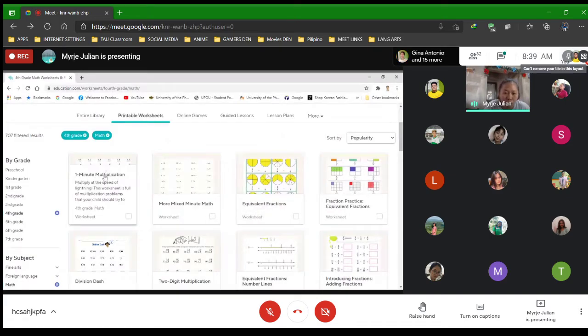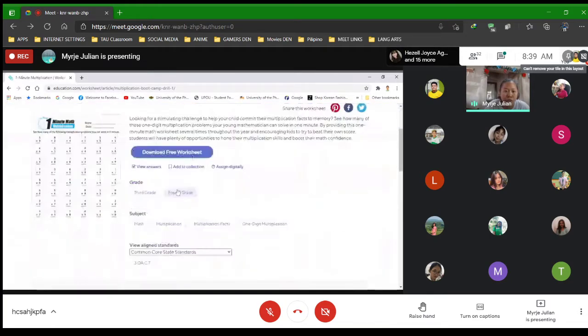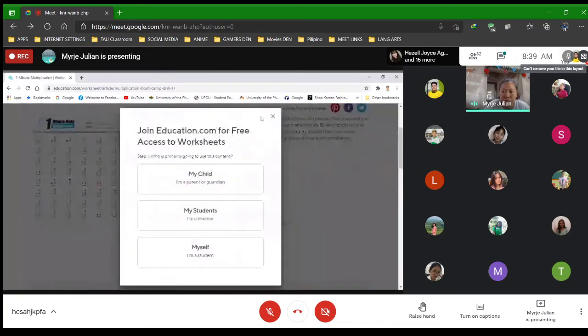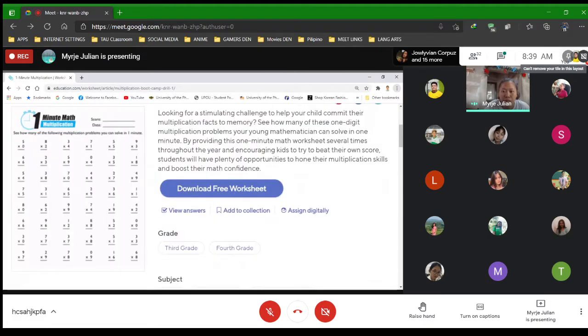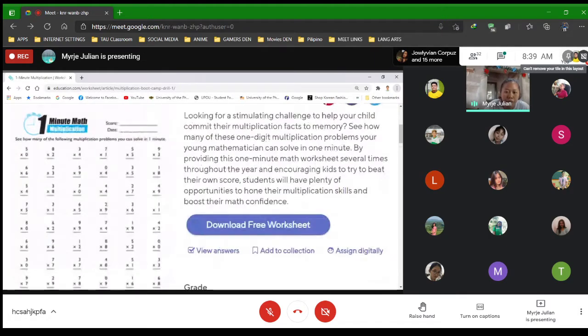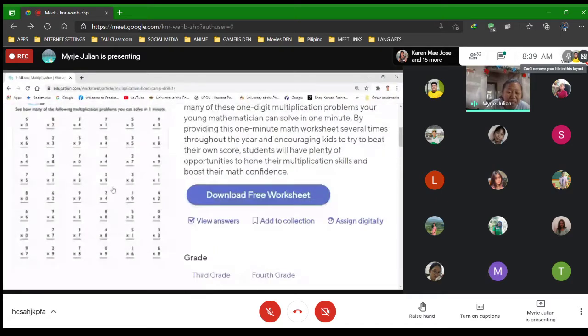So, click natin itong 1-minute multiplication niya. Okay, so we have this one. Malabo na siya pag ini-enlarge. Okay, nakikita ba ng kahit paano maayos?